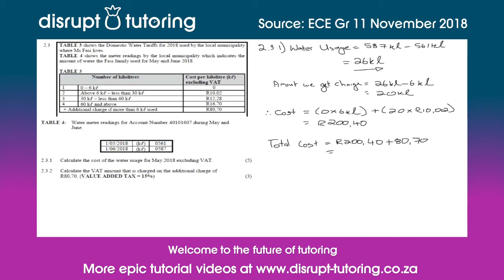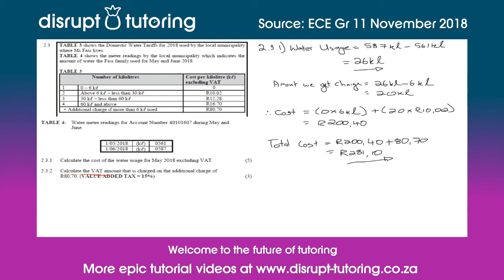Put that into your calculator. 200 Rand and 40 cents plus 80 Rand and 70 cents comes to a total of 281 Rand and 10 cents. And that is our final answer for 2.3.1.